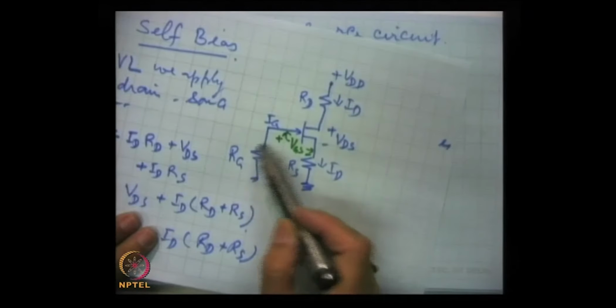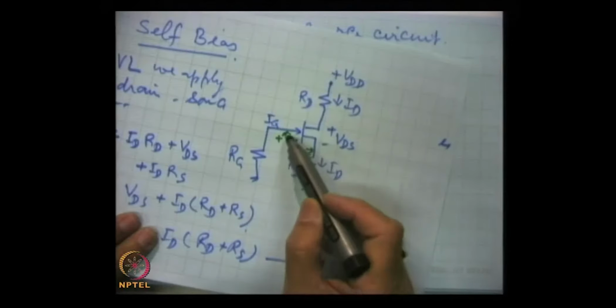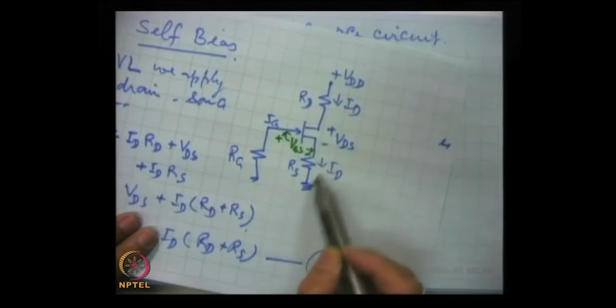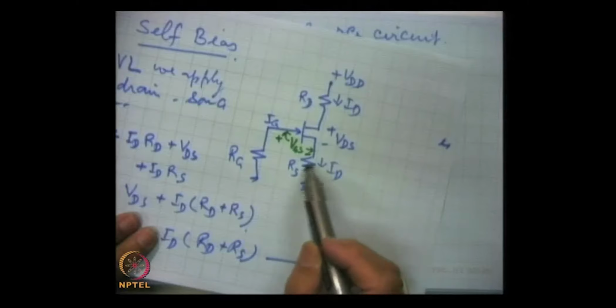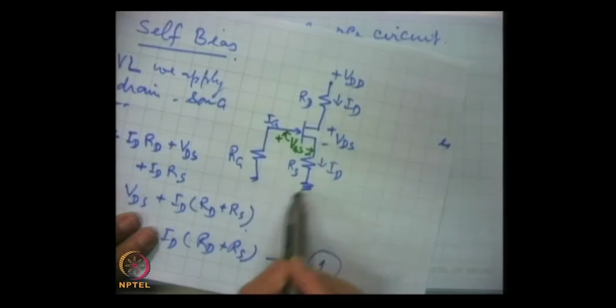So, the three voltages are involved, one across this because of current Ig and this voltage Vgs, and the drop across Rs, because the input circuit, the gate source circuit, is this.